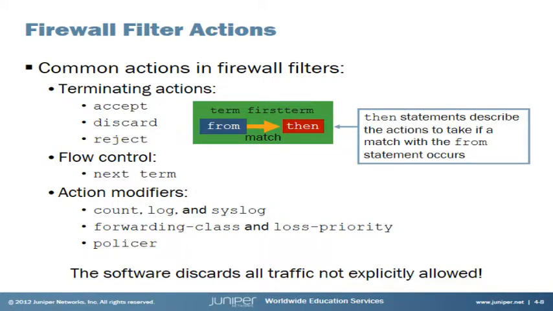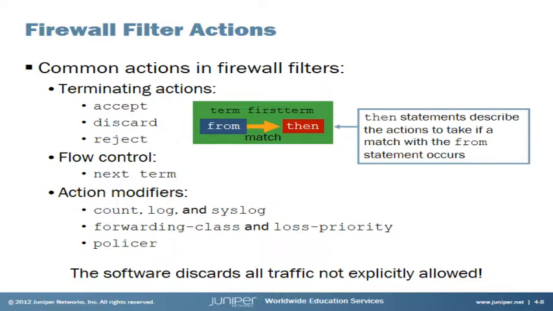So what are some of the actions that we can take? Accept, discard, reject. They are the three things we can do. We can also have flow control, where we can send the traffic over to another term. And we can also have modifiers. Maybe we'll count the traffic, maybe we'll log the traffic, maybe we'll change the forwarding class and loss priority of traffic.